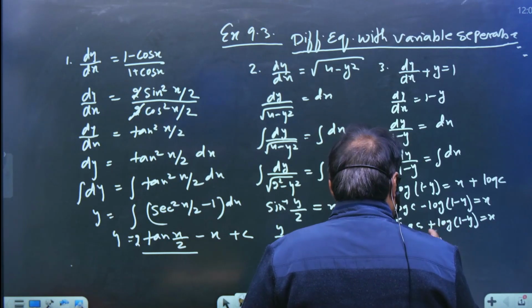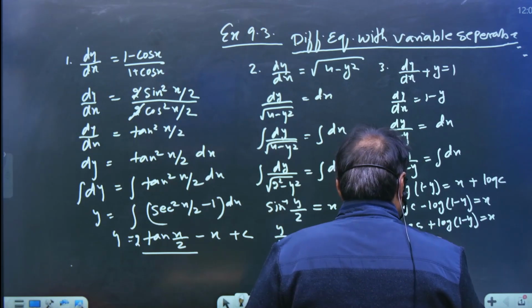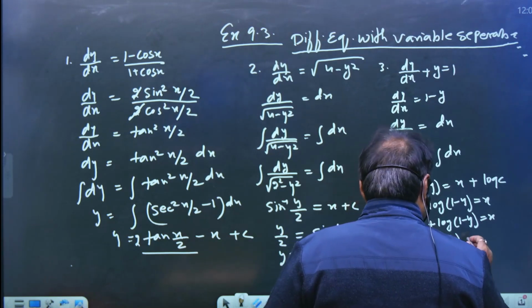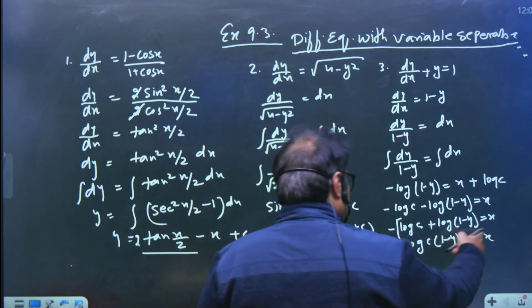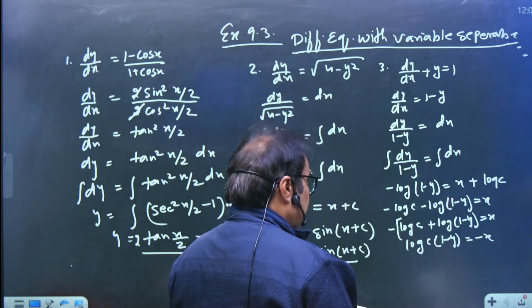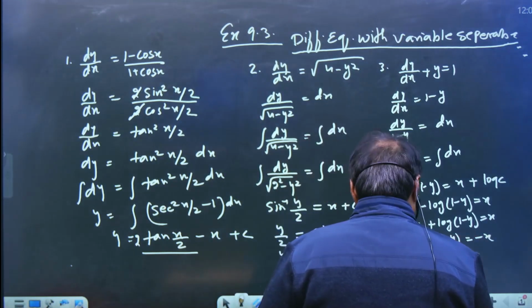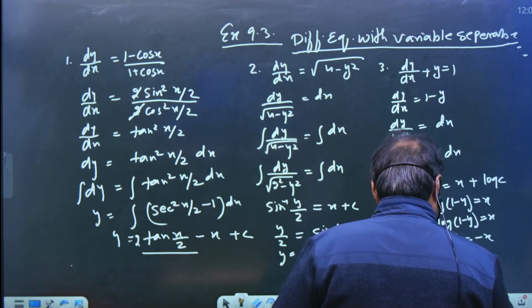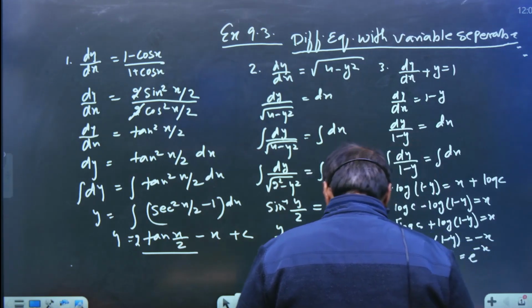So apply the property of log, so this will be log c of 1 minus y is equals to minus x, and transfer log to the right hand side, so there should be exponential. So c into 1 minus y is equals to e raised to minus x.